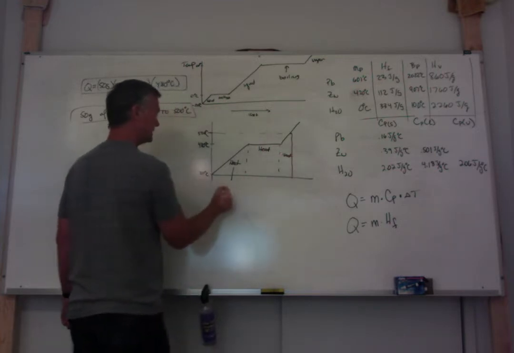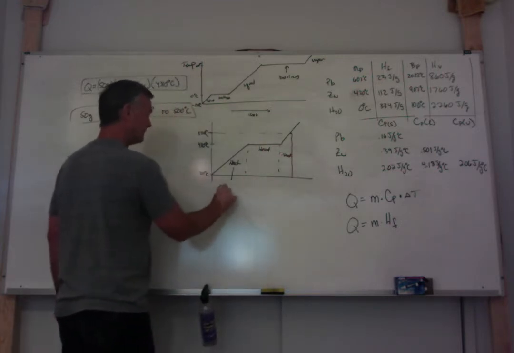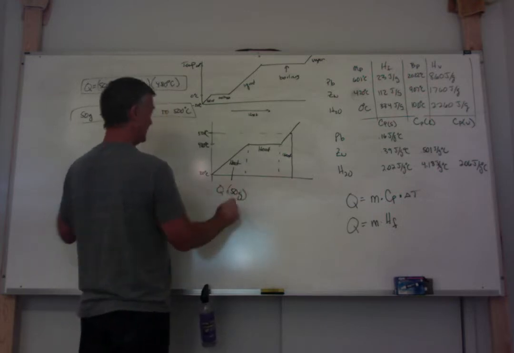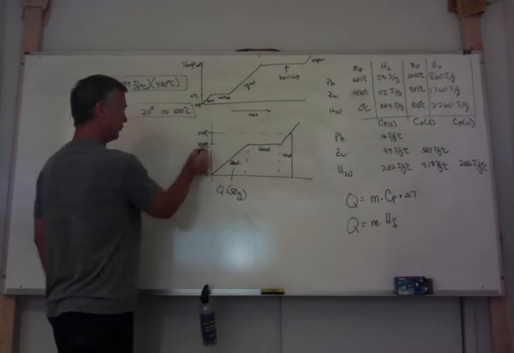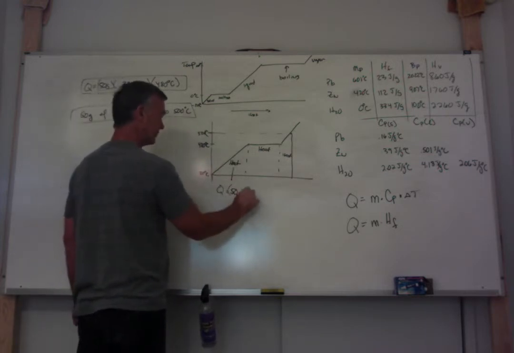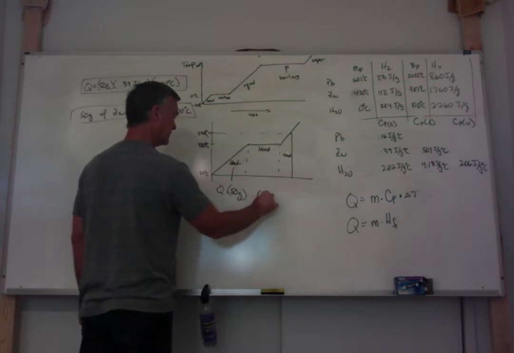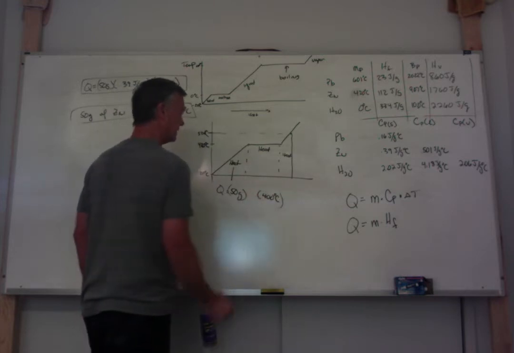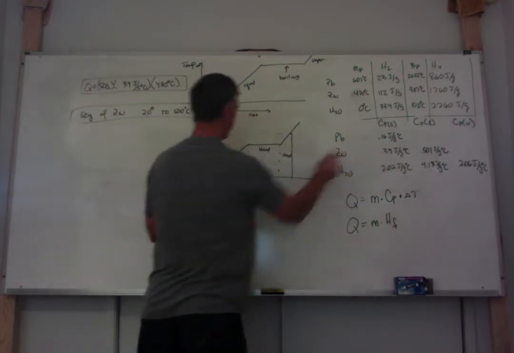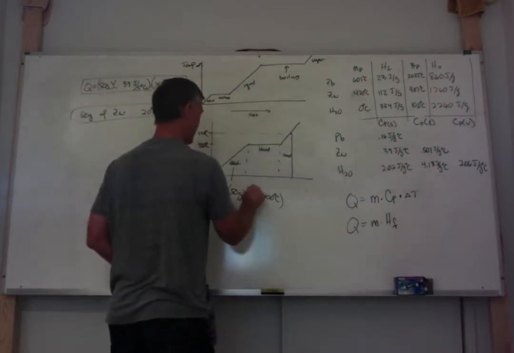All right, well, what is this one? This would be Q is equal to the mass, which was 50 grams. Now watch. This is 420 minus 20. The change in temperature here is 400 degrees Celsius. And because it's a solid, the heat capacity is 0.39.